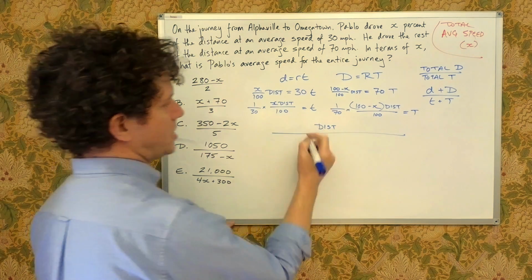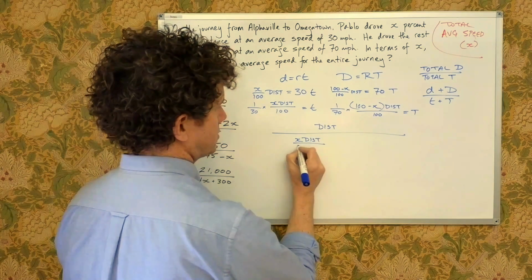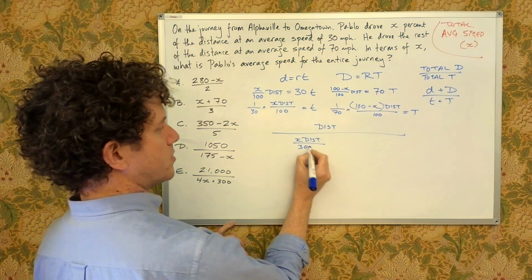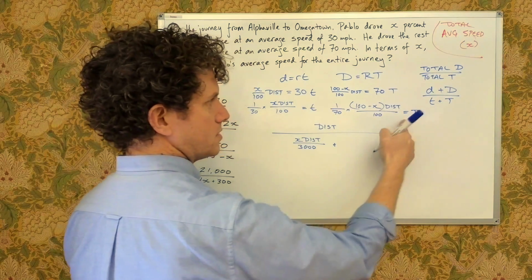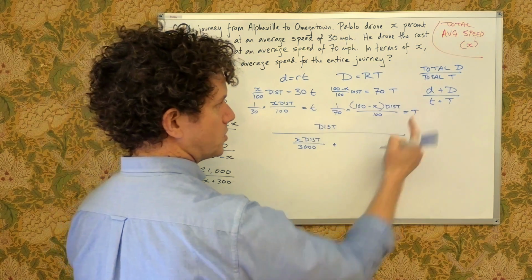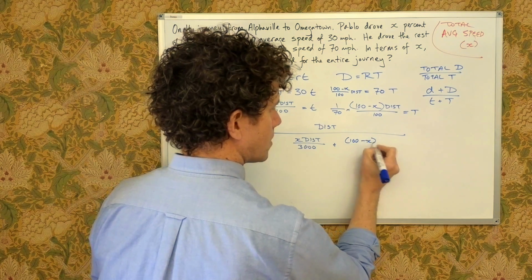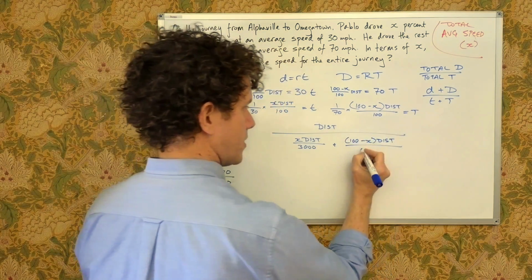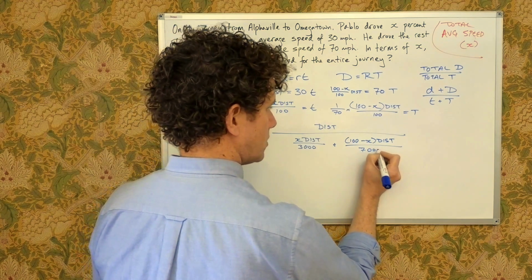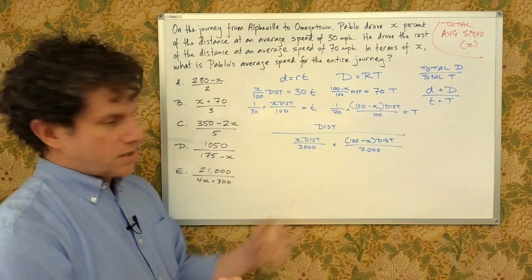Over here, little t is x times dist over 30 times 100. I want to make sure I get the right number of zeros there. And I'm going to add to it capital T time. Multiplication by 1 doesn't do anything. And across the bottom, I again want to make sure that I have the right number of zeros. So my x is in here, that's okay.